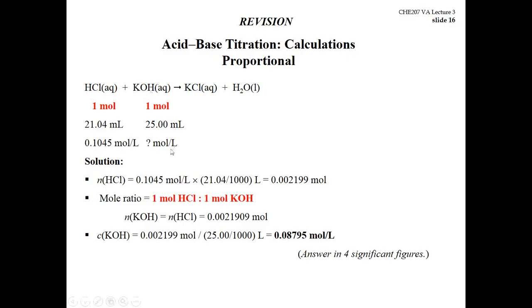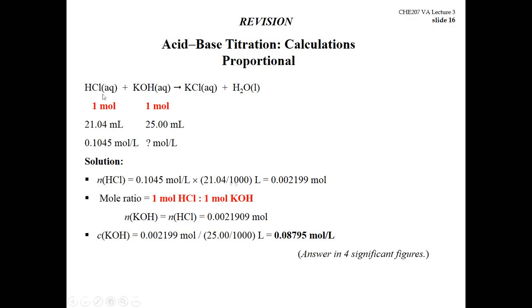We've got to determine the concentration of KOH. So for the calculation, we must use mole ratio. So first of all, we've got to know how many mole of HCl we have. So the number of mole equal to concentration times volume in liter.